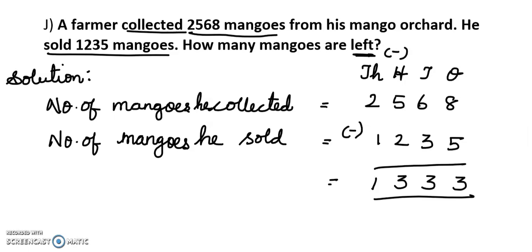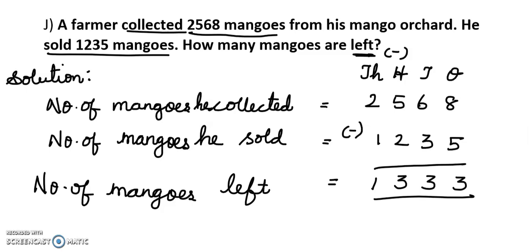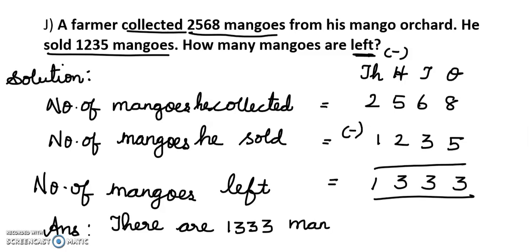So how many mangoes are left? 1,333. So the number of mangoes left equal to 1,333. So answer: there are 1,333 mangoes left.